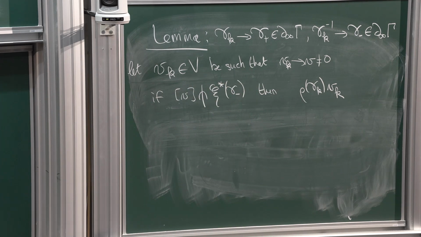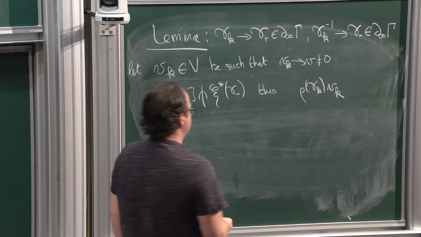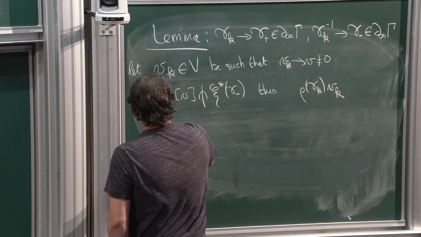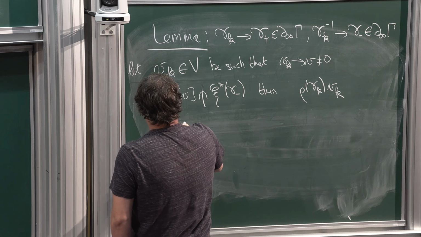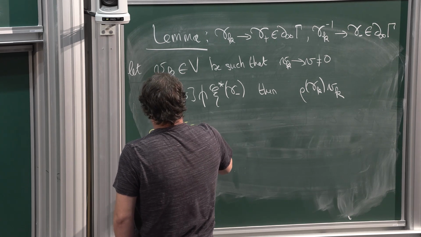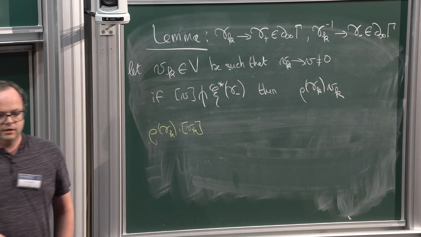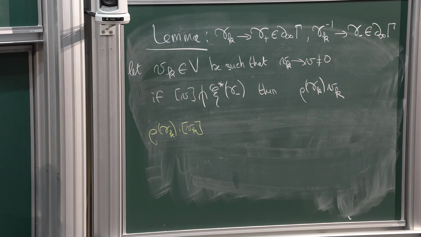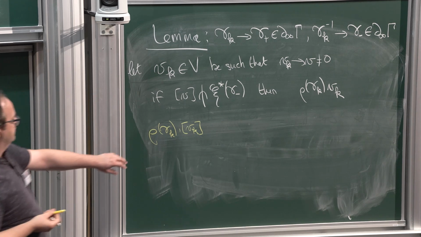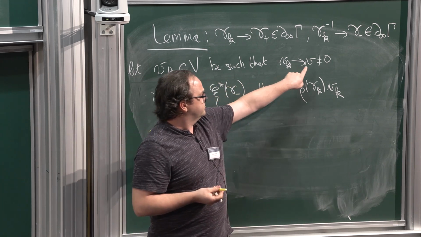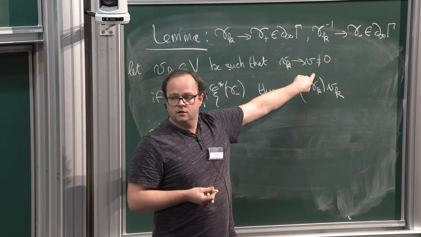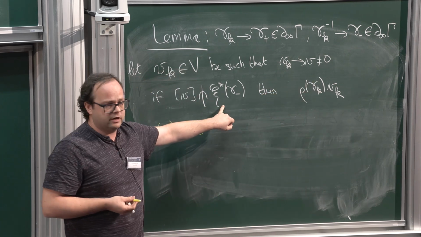But maybe we can try to see what we already know about rho of gamma k acting on Vk, where we can look at the line spanned by this. So look at rho of gamma k acting on the line Vk. And this line is converging to the line spanned by V, which is transverse to psi star of gamma minus.